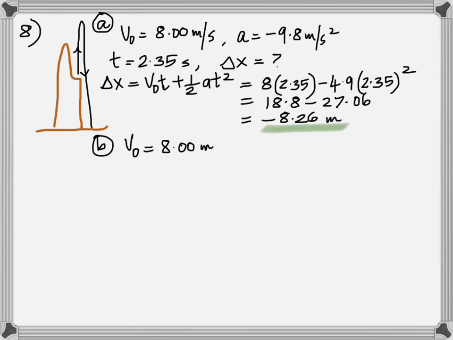Now remember that it's negative 8.26 because when it's first going up, you take that as positive, and coming down is negative. So that means actually what you get is negative, let me use another column. Okay, what you get as negative 8.26 is this. So you're getting the height of the cliff, and it's negative because it's coming down. The initial direction is taken as positive. Okay.